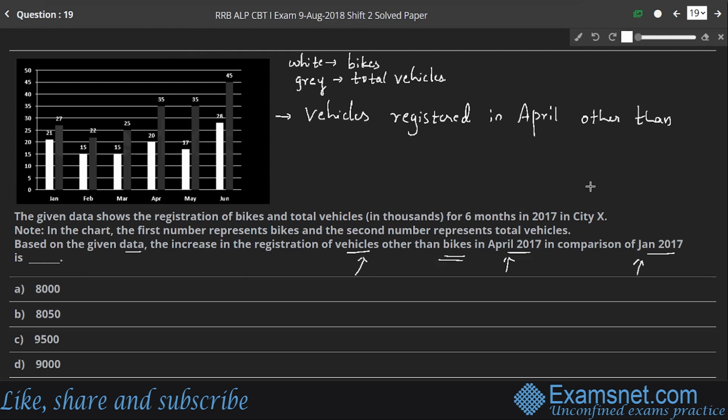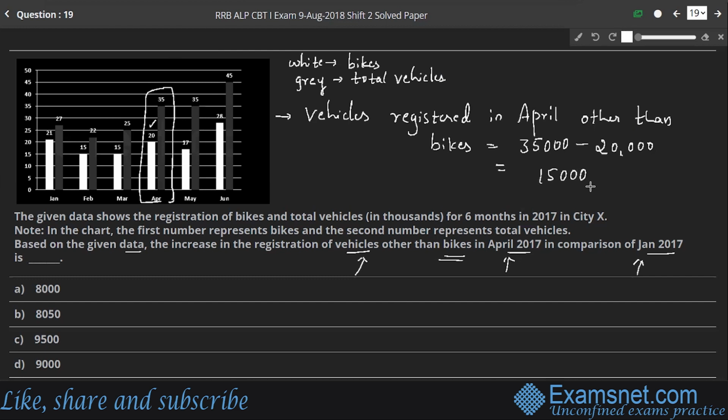From the graph, it is clear that in the month of April, total vehicles registered were 35,000 in terms of thousand. Number of bikes registered were 20,000. So 35,000 minus 20,000 is 15,000.